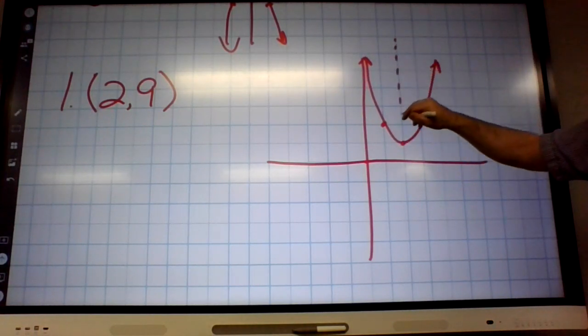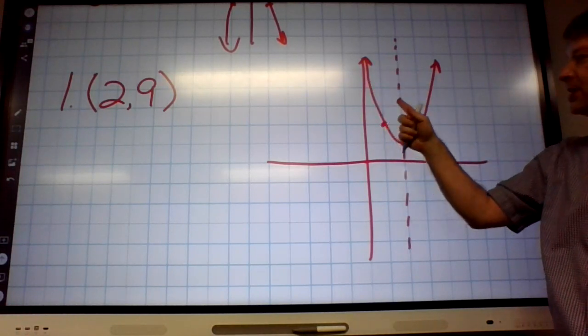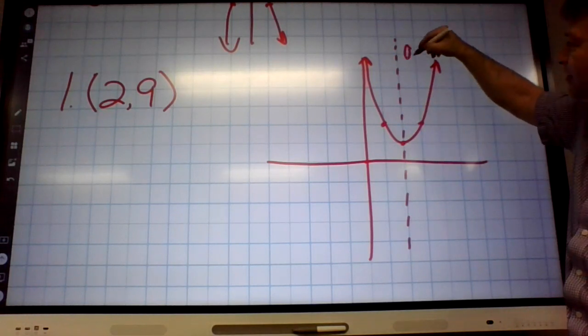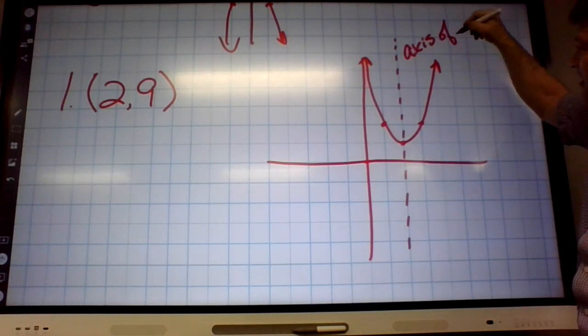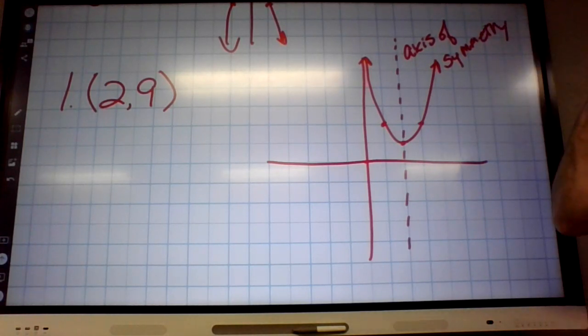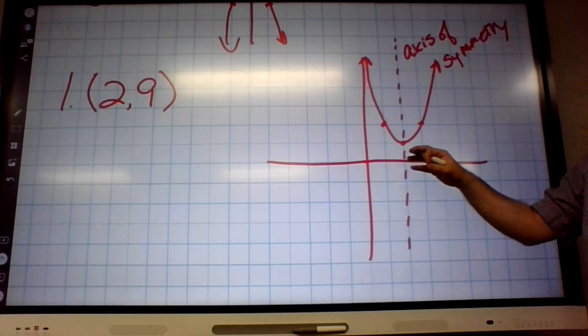Like over this line, they're the same image on both sides. This line that goes down the middle, they gave it a name. They call it the axis of symmetry. Oh, this book does call it line of symmetry, doesn't it? Some books call it axis of symmetry. I guess this one calls it line of symmetry.